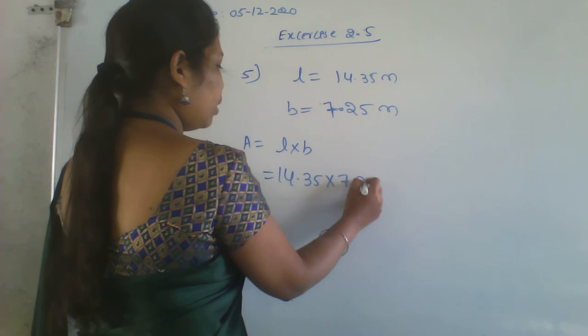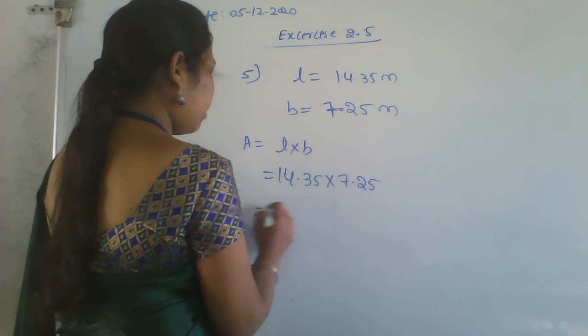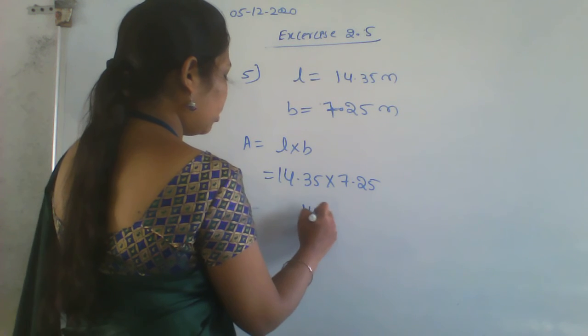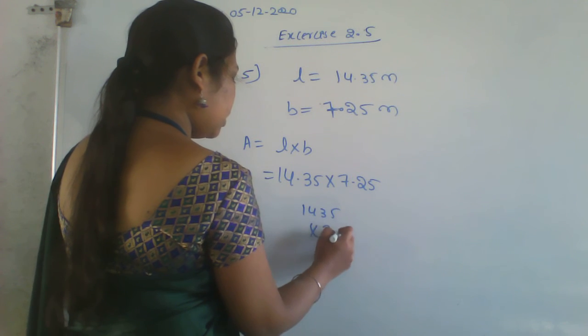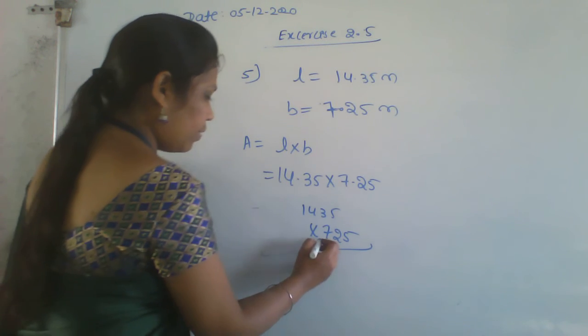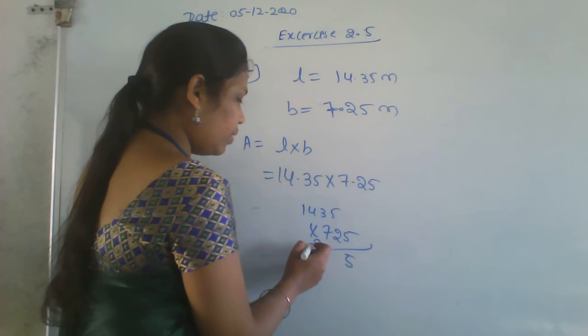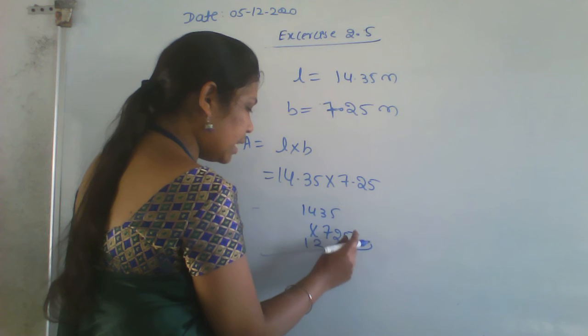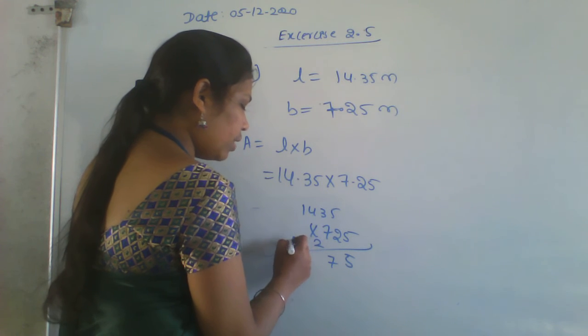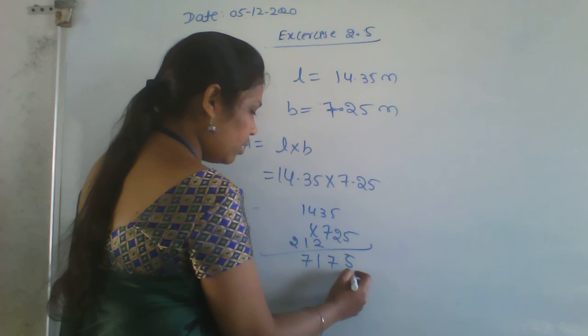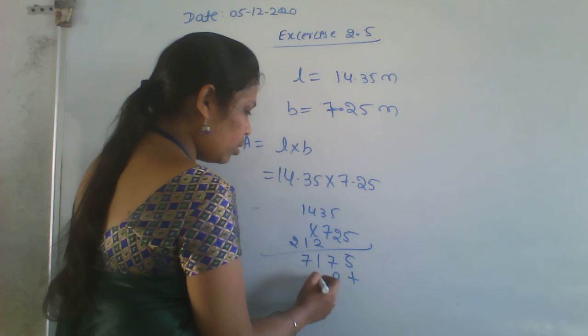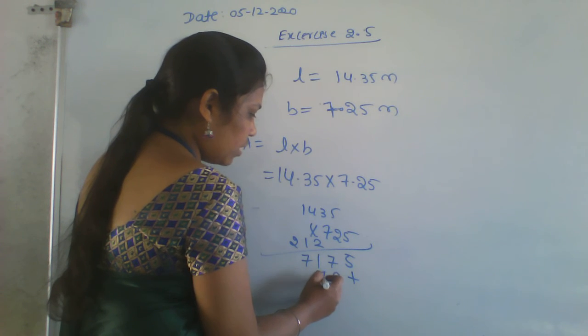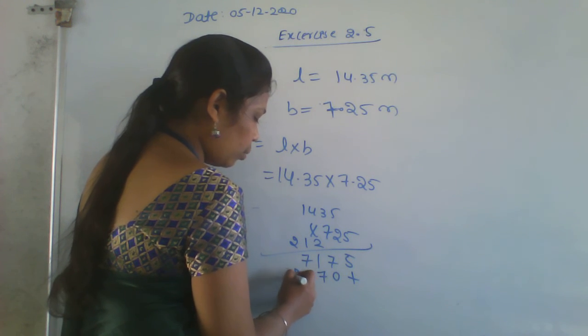14.35 into 7.25. First, multiply the numbers. 725. 5 5s are 25. 5 3s are 15. 15 plus 2 is 17. 5 4s are 20. 21. 5 1s are 5. 7. Next, 2 5s are 10. 2 3s are 6, 7. 2 4s are 8. 2 1s are 2.